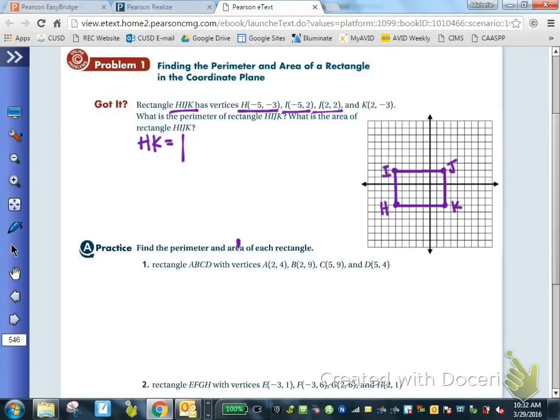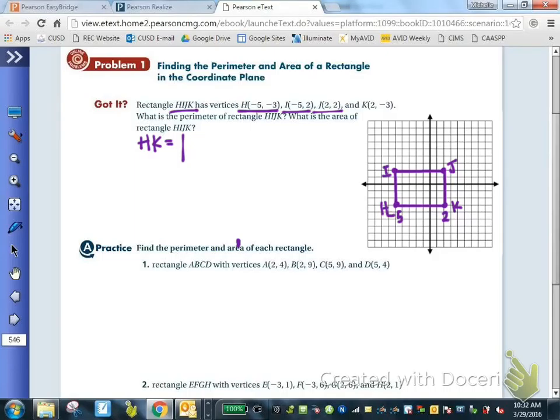How do we find distance between 2 points? Subtract them. H is at -5 and K is at 2. I don't have to worry about the y coordinates because the y coordinate is -3 for both of them. Does that make sense? So they're going to zero out.